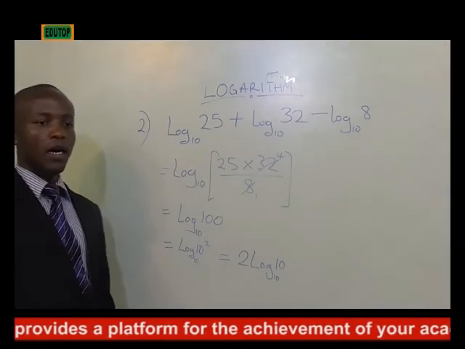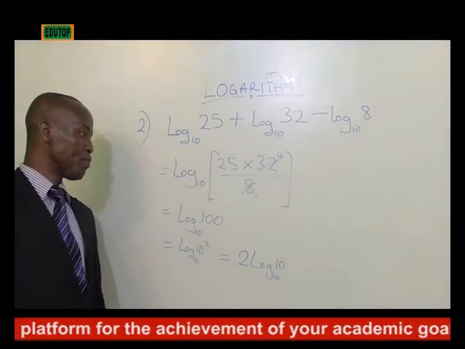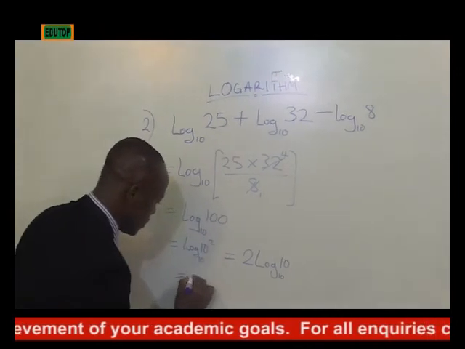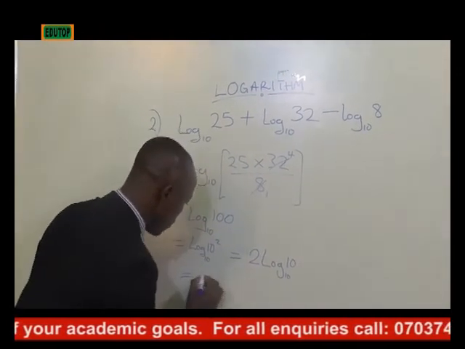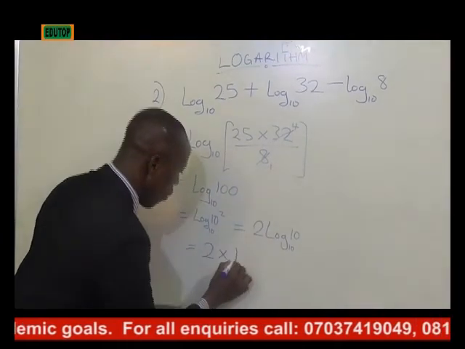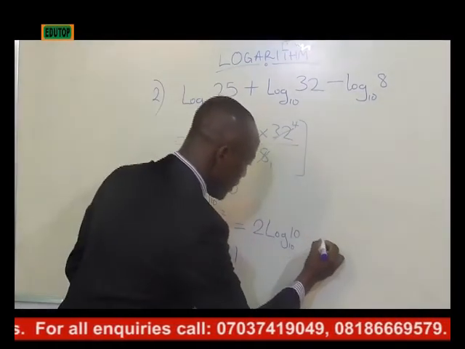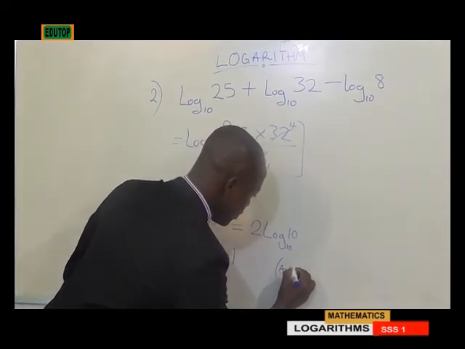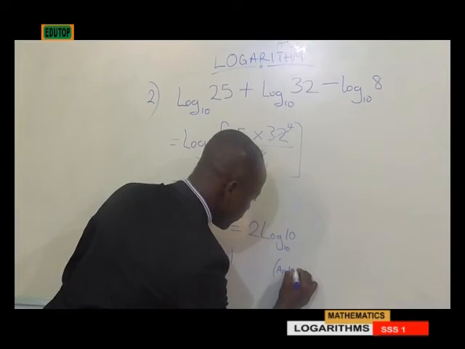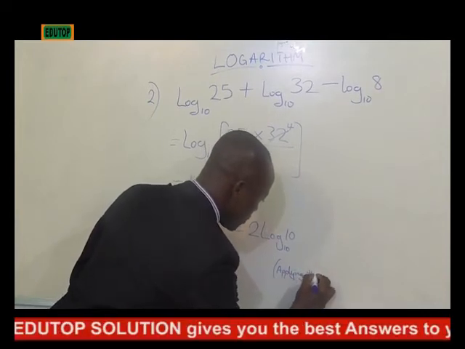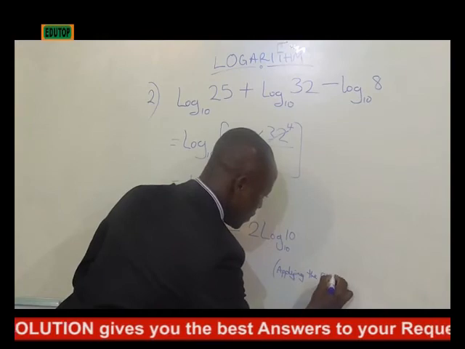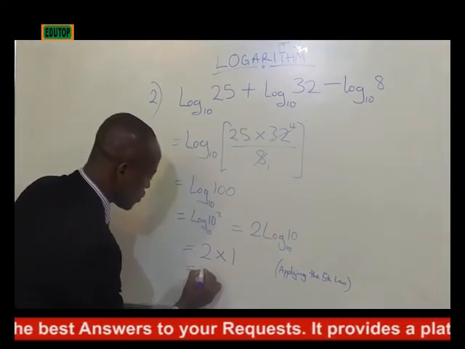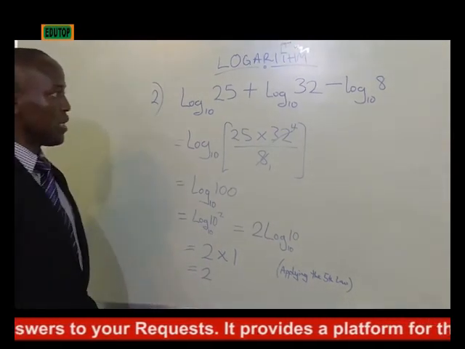Applying the fifth law, log 10 base 10 is 1. That is our fifth law, log 10 base 10 is 1, so we'll be having 2 times 1. So we will be having something like this, which is equal to 2, which is our final answer.